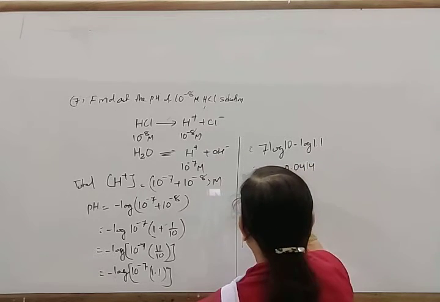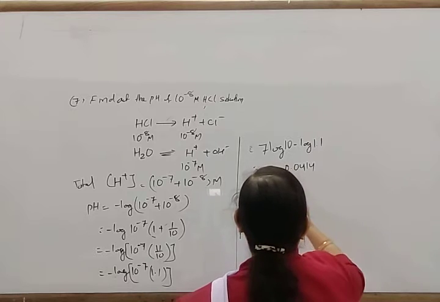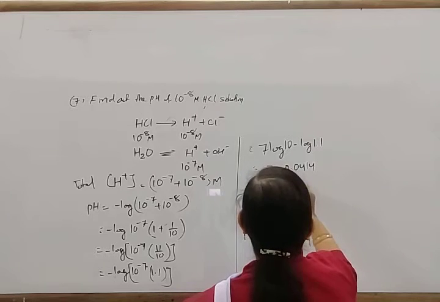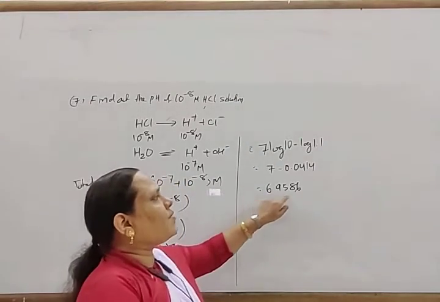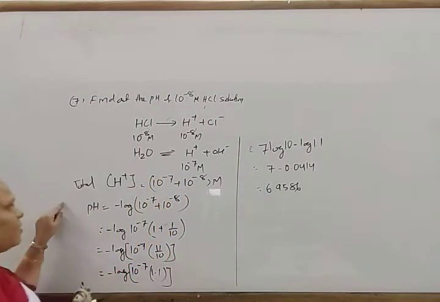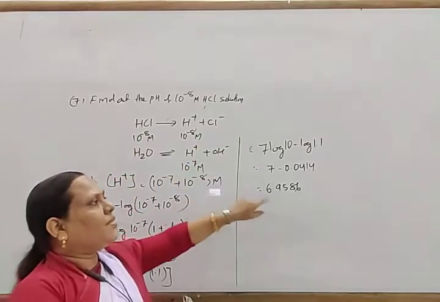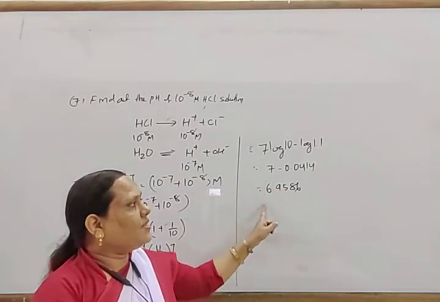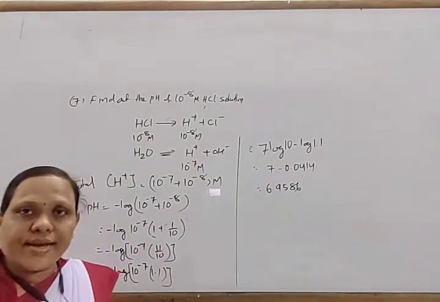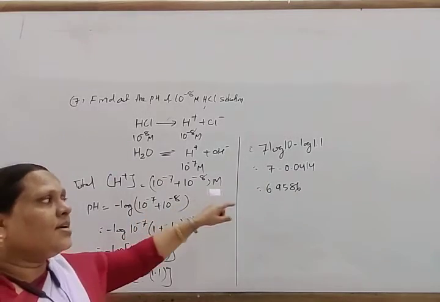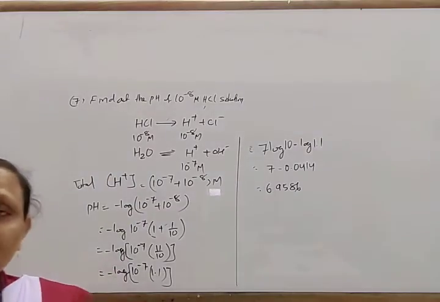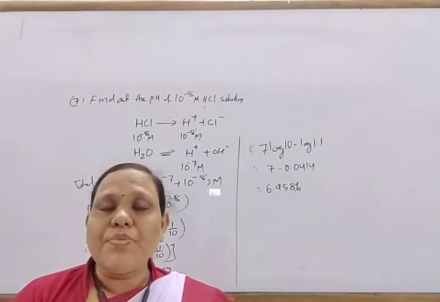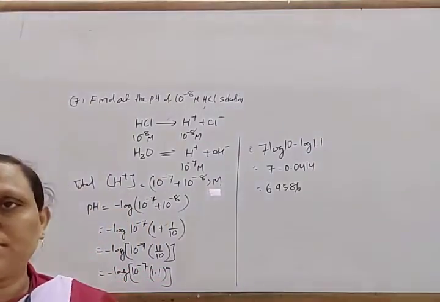So this value is 6.9586. So the pH of 10 to the power minus 8 M HCl is 6.9586. This is not 8, this is 6.9586. In this way, you can find out the pH of different solutions.